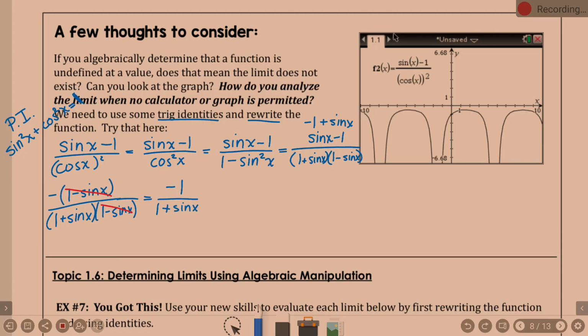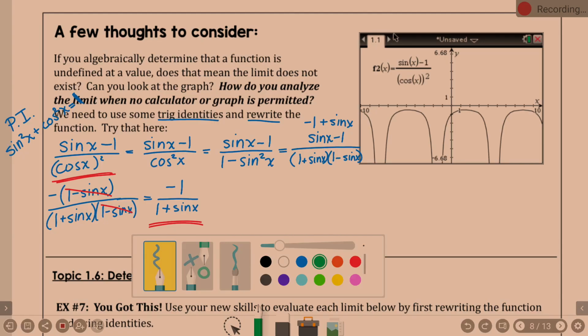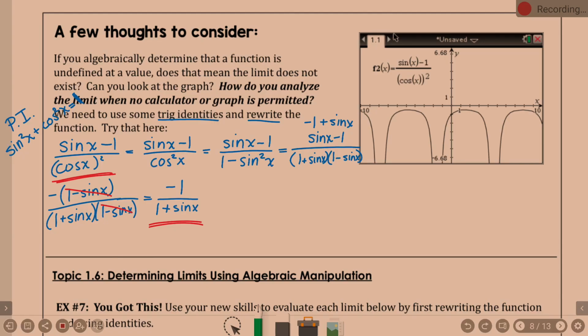So all that work, we just showed that this is equivalent to this, yes? Sometimes I forget you can just factor out signs. Yeah, you can. So now, the limit we had at the bottom of the previous page was the limit as theta approaches pi over 2.